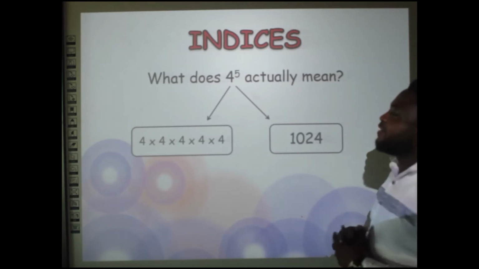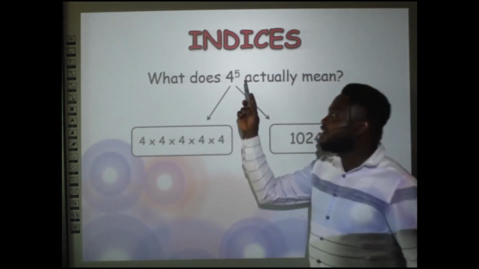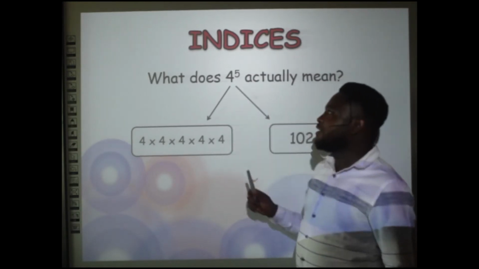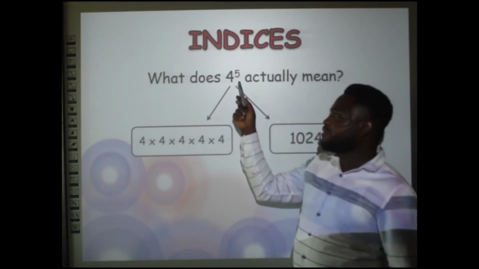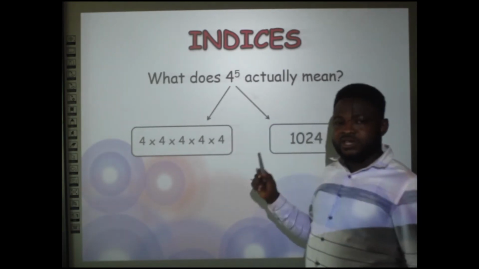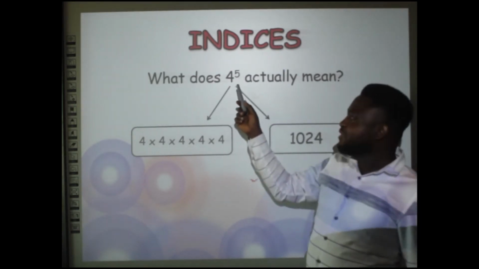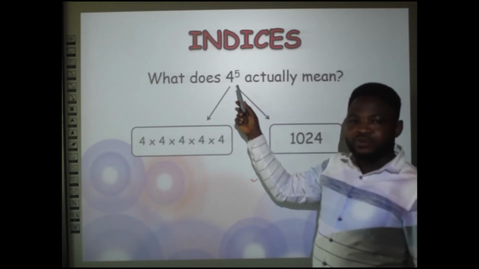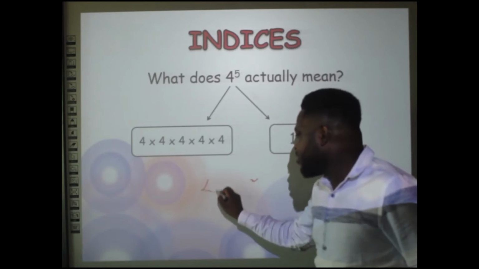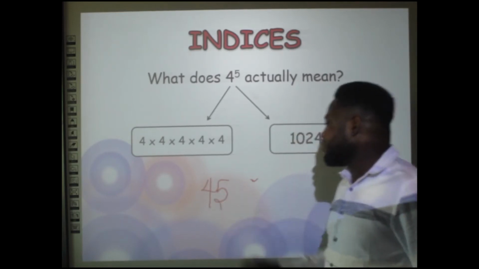Now, let's look at another one. The exponent in this case is 4 raised to the power 5. When you have something like this, it means repeated multiplication. You have to be very careful when writing this. You don't write it as 45.